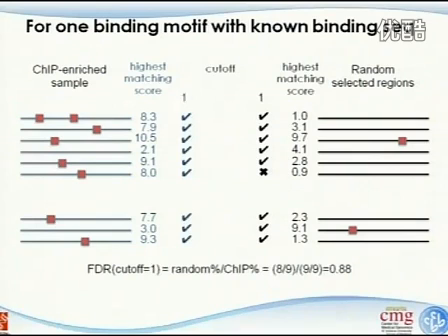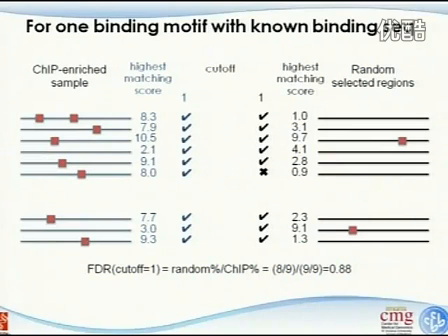Next step, you design a cutoff. So there are many different scores. Now, I say my cutoff is 1. Everything larger than 1, I think there's a binding site. We know it's not right, let's just make it up. Smaller than 1, no binding site. Now I'm going to see what percentage of the sequences in the random set is larger than my cutoff score.